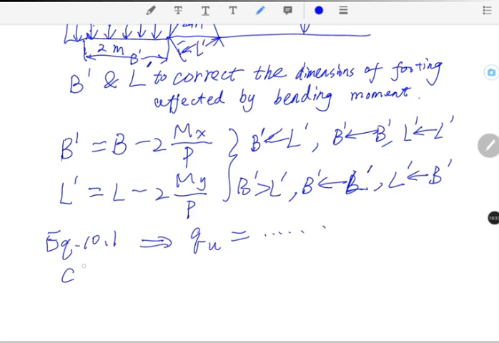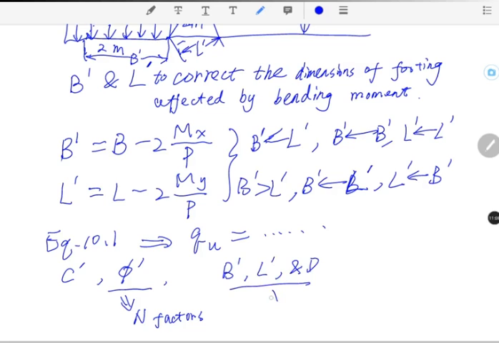And in this equation, you will use the effective cohesion c prime and phi prime for these factors of bearing capacity, and B prime, L prime, and D for the shape factors, except for the depth factor correction.